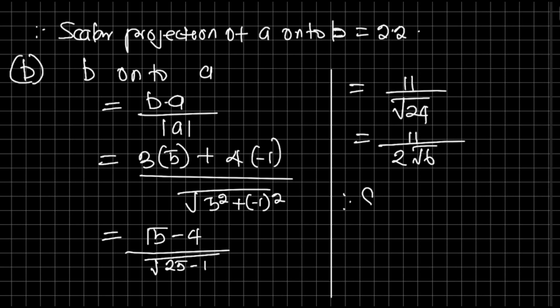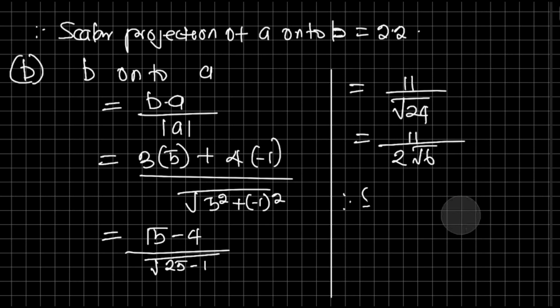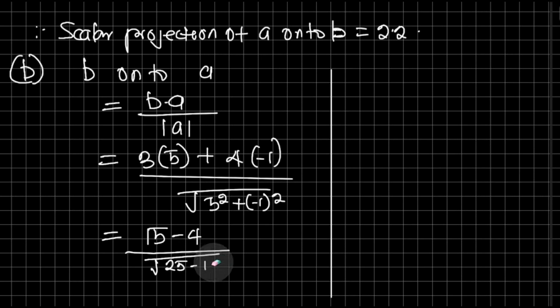Oh, sorry about that. This is squared, so we are not supposed to subtract. So this is 25 plus minus 1 squared.